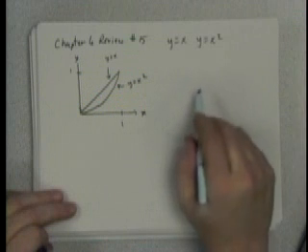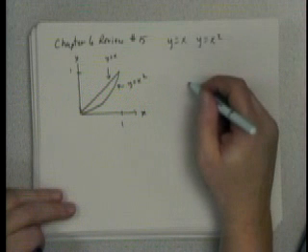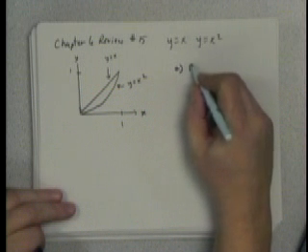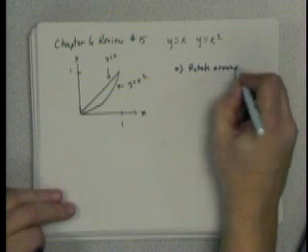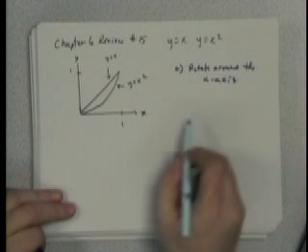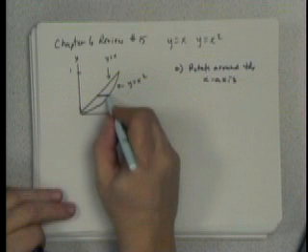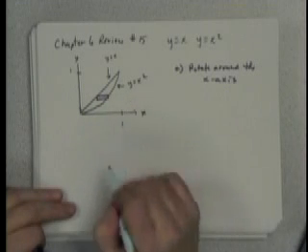Now, I'm going to do the x-axis first. With shells, you make your slice parallel to the axis of revolution.